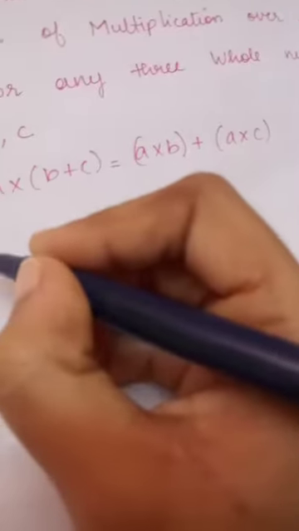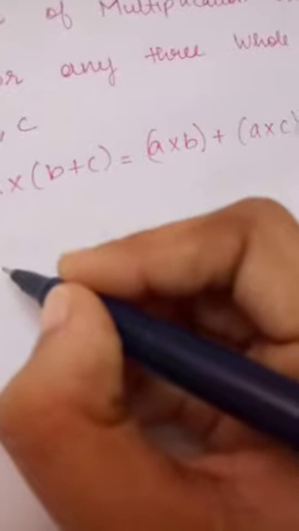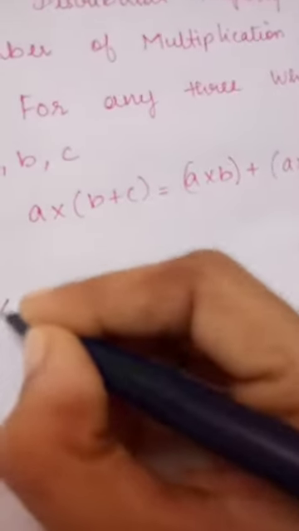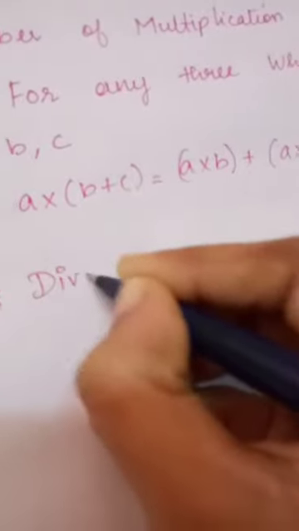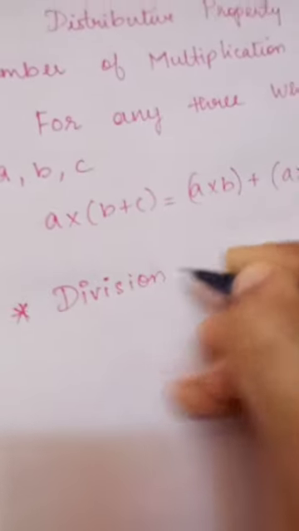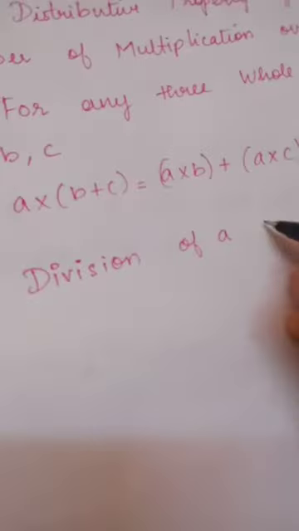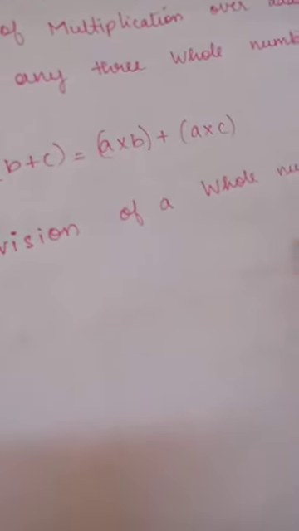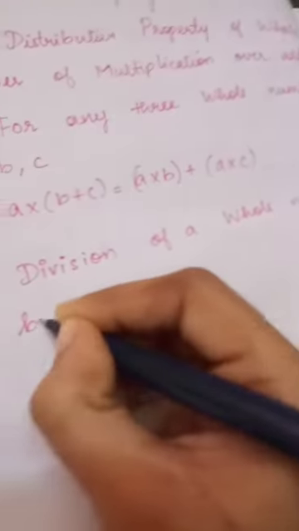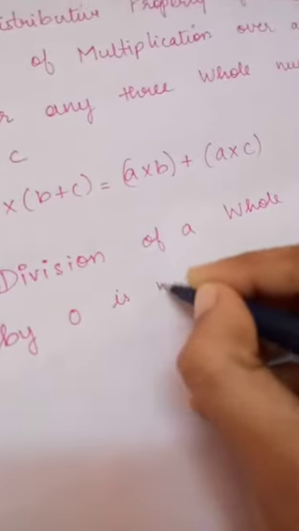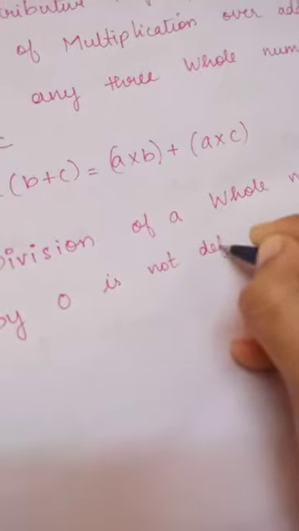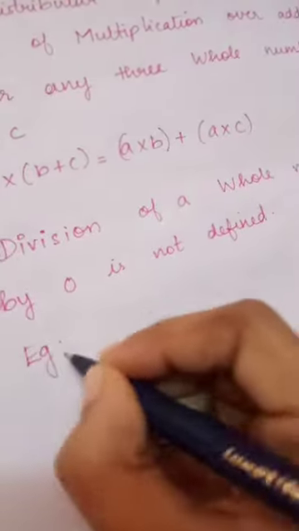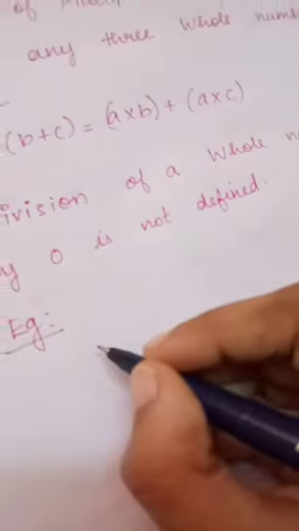Then another property: when we are dividing a whole number by 0, it is not defined. That is, division of a whole number by 0 is not defined. Example: take any whole number like 40.